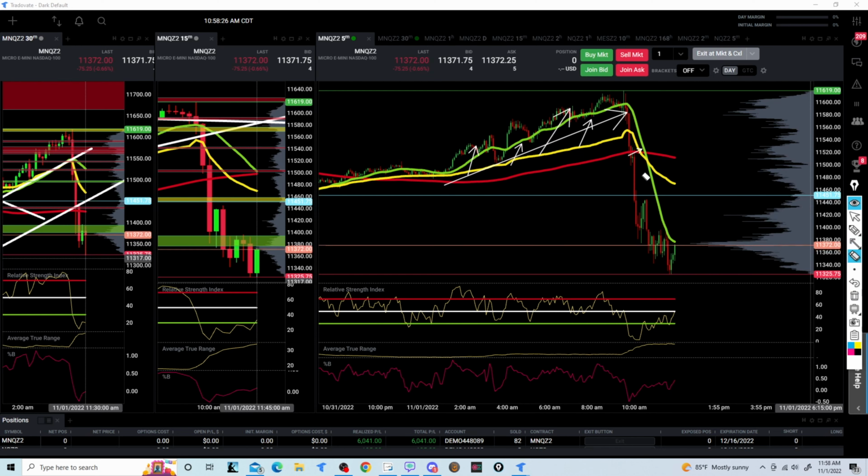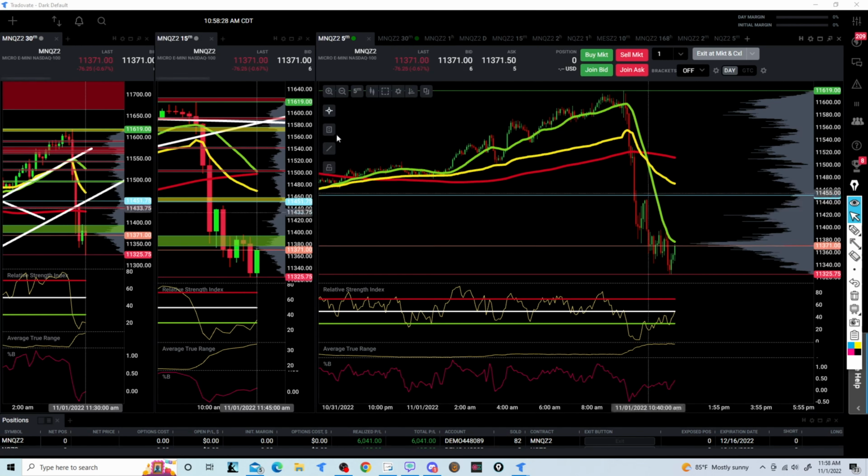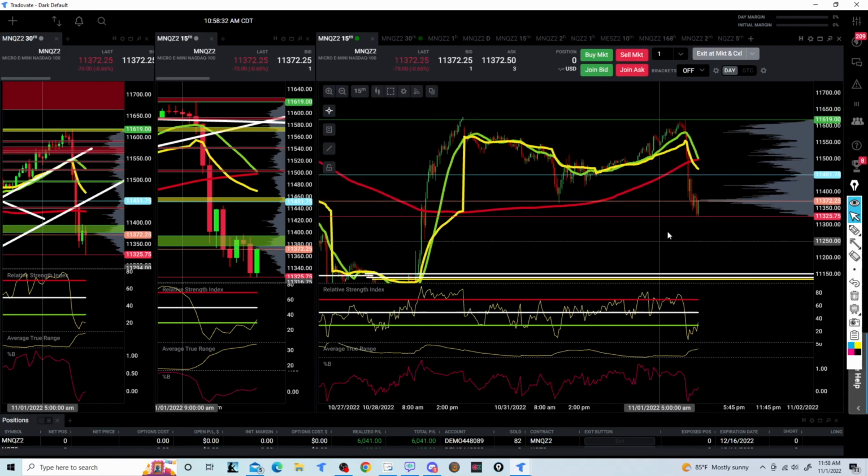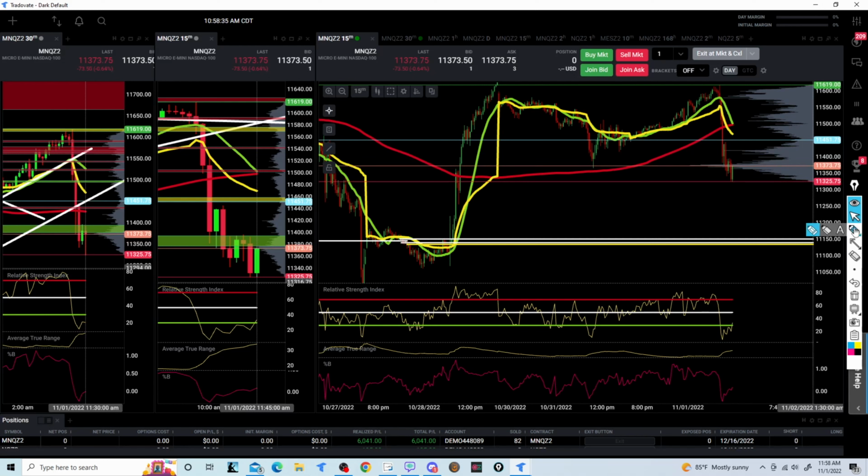Trade in the direction of the 20. 15-minute time frame. You see how powerful it is? Trade in the direction of the 20.